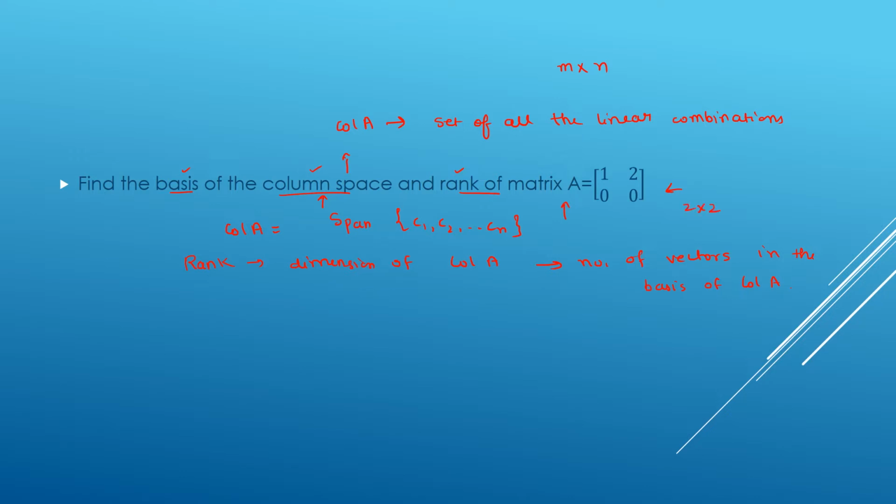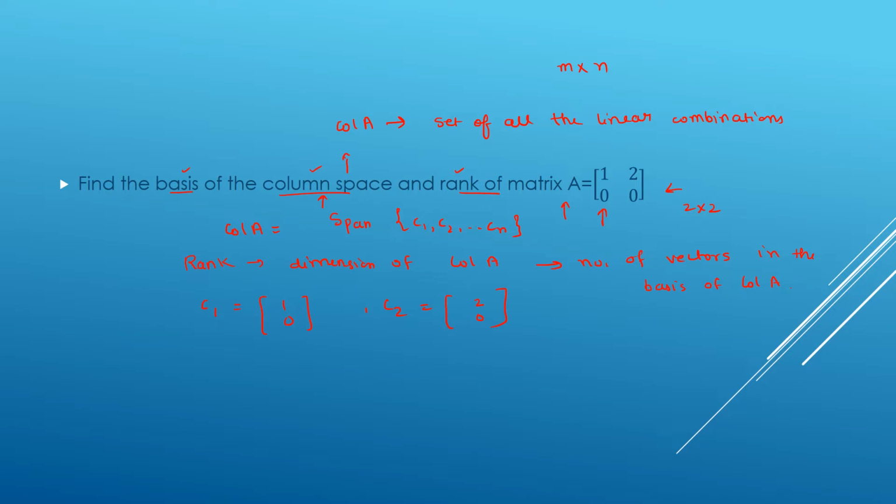A very simple example. So if you try to resolve it into two columns, let's say C1, the first column, is 1 0, and C2 is 2 0. Can you make any linear combination out of it?